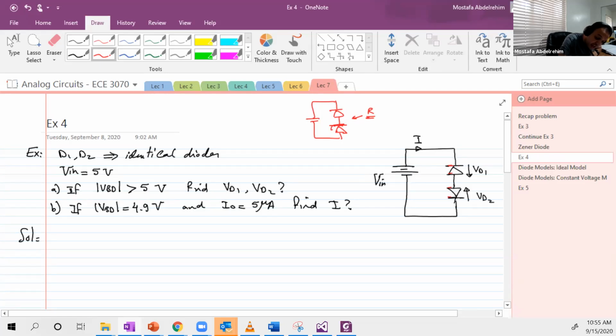D2 is actually forward because its N is closer to the negative terminal, and its P is closer to the positive terminal. So D1 here is reverse. D2 is forward.